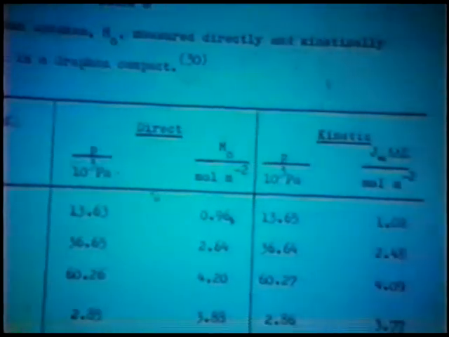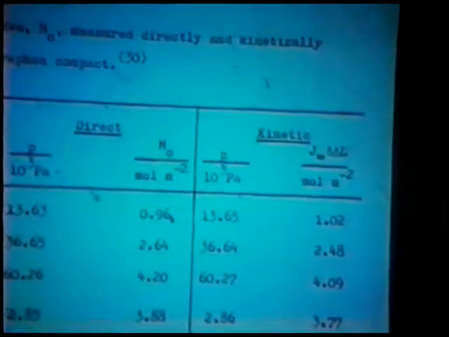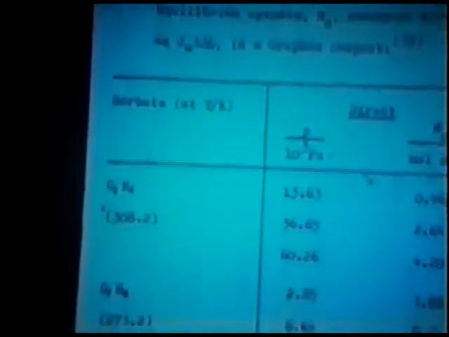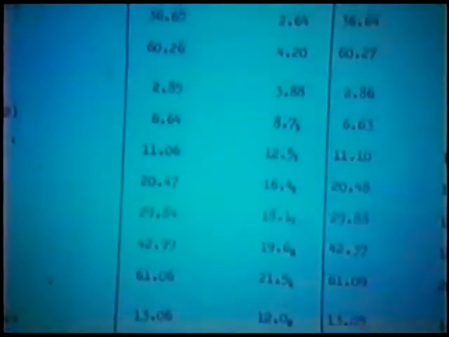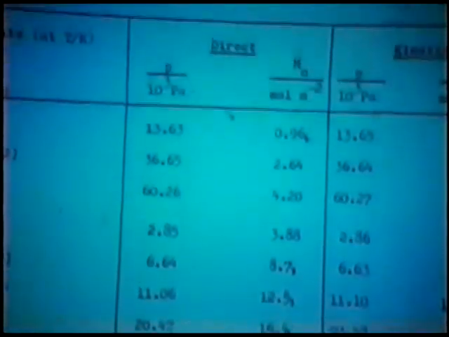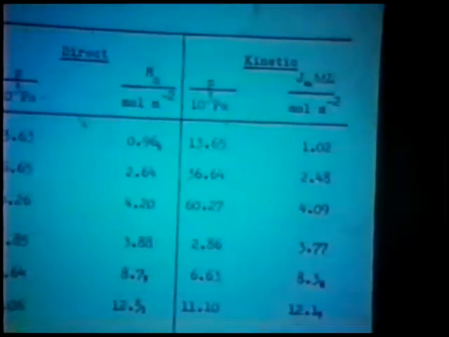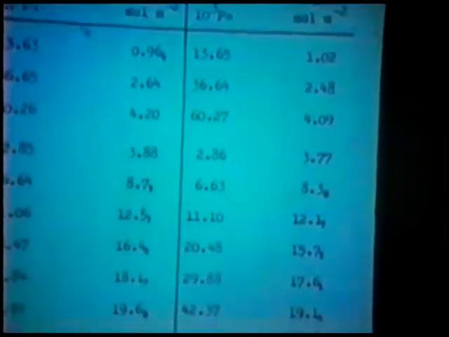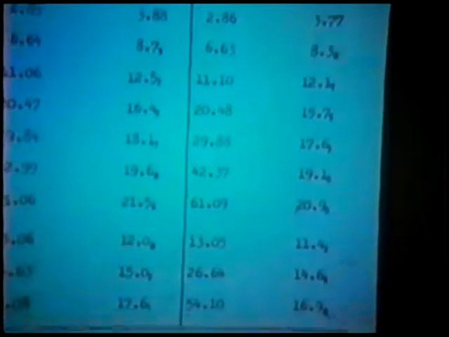Now, this was done by measurements made by flowing these gases through a graphon, not a zeolite compact. The principle, however, is just the same, whatever the nature of the compact. In the third column are given the amount sorbed in direct equilibrium measurements for these gases at various pressures.